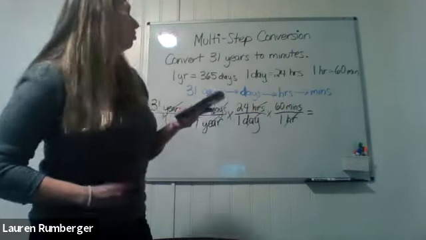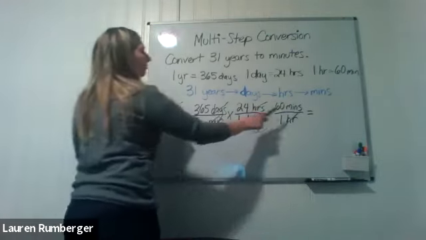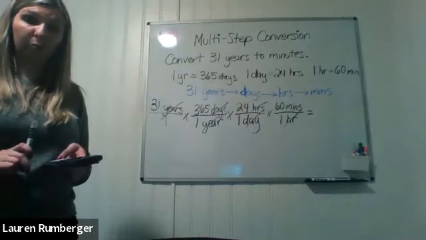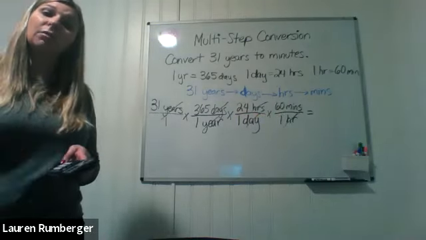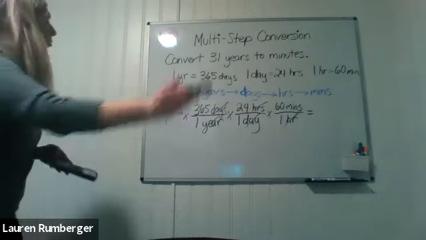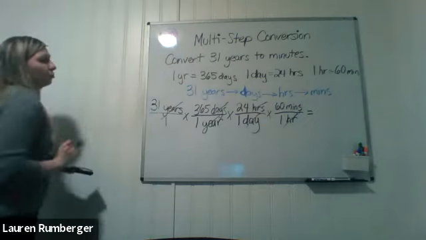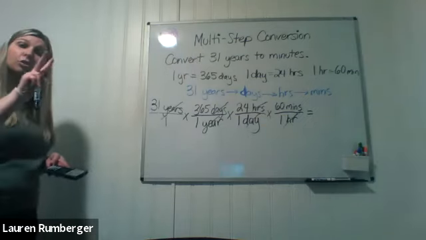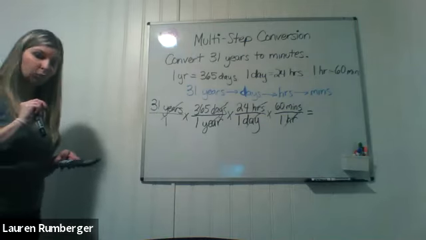Okay, so each one of these equivalences are exact values. So we're going to focus our significant figures based on what we started with. We started with 31 years, which contains 2 significant figures.